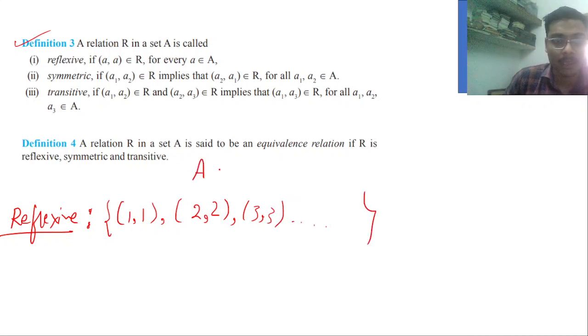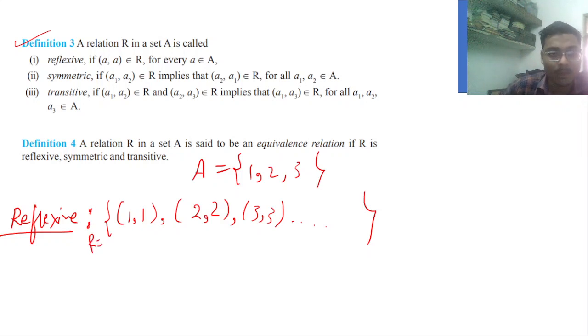If you have a set having 1 2 3 only, then if the relation is having 1 1, 2 2, 3 3, then this set will be reflexive. Means if it has 4, then it also has to have 4 comma 4. If 4 comma 4 is not present in the relation set, then this relation is not reflexive anymore.